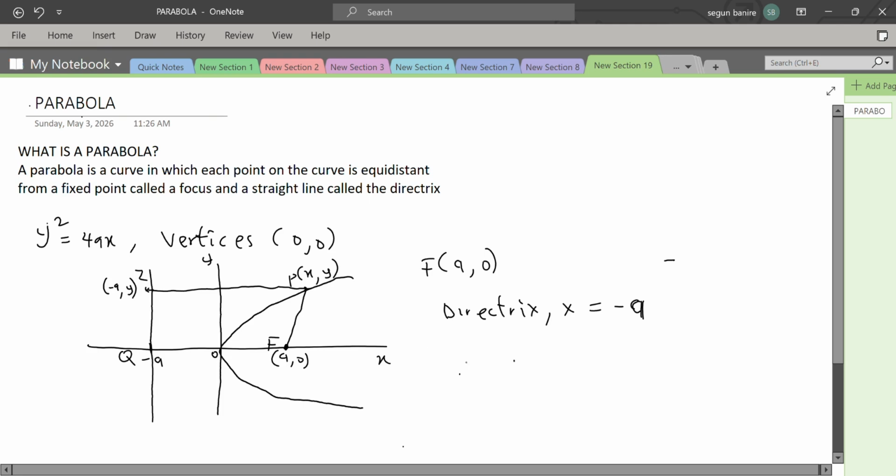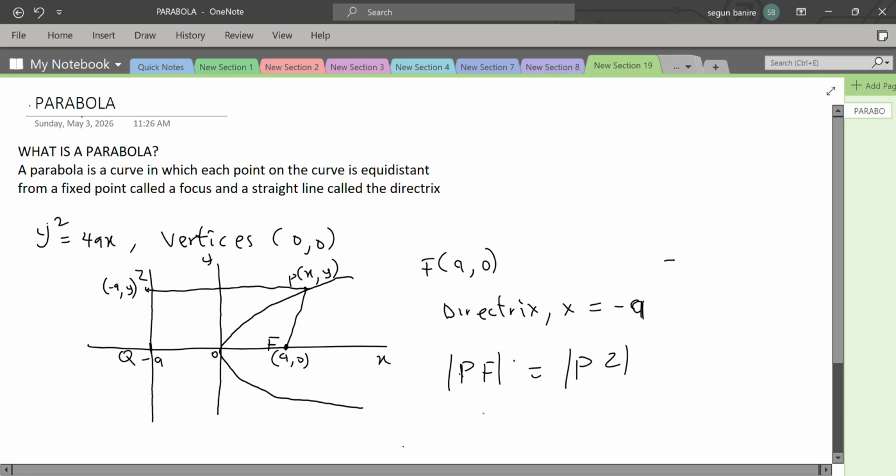So the definition says that the distance from the point to the focus is equal to the distance from the point to the directrix. So let's calculate the distance.